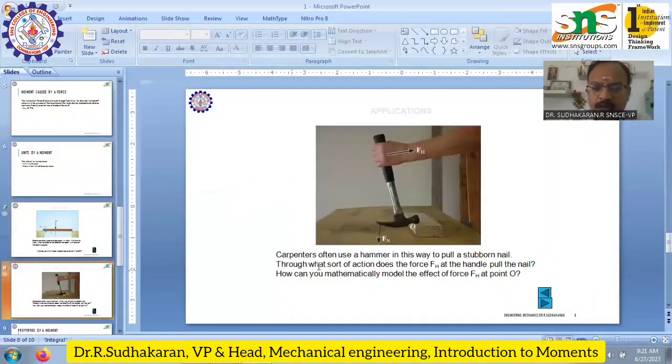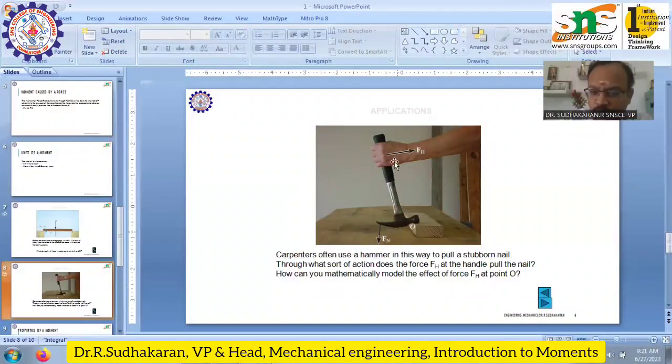Here you can see a carpenter using a hammer in this direction to pull a stubborn nail. What sort of action does the force at the handle have to pull the nail? We can see the force FH acting here, and this is the perpendicular distance.